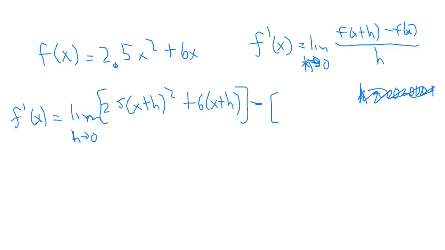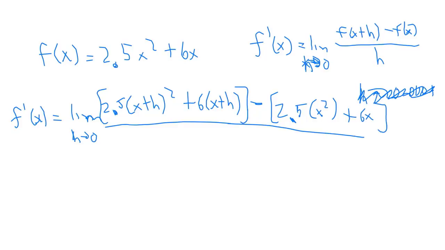So I'm just going to put big brackets to help you see more clearly what's being separated. 2.5 x squared plus 6x. And this is all over h. So try not to forget that because sometimes people get really busy evaluating the numerator and they forget about the denominator.